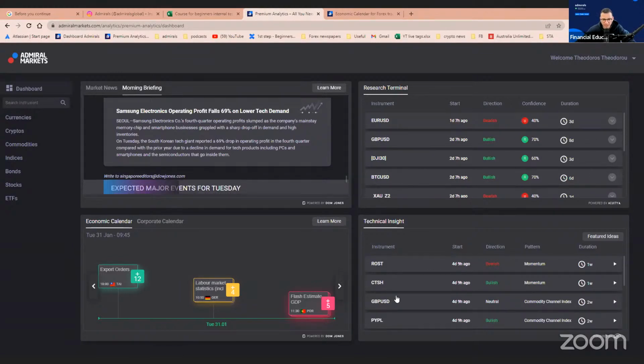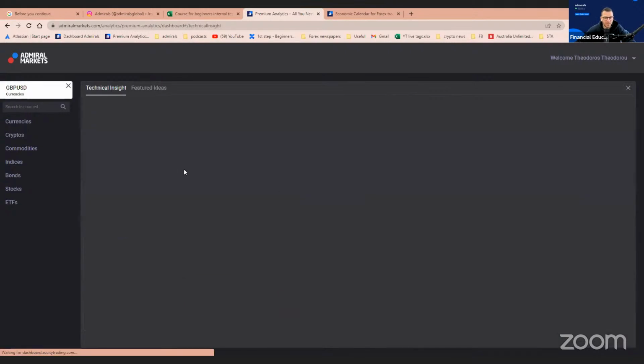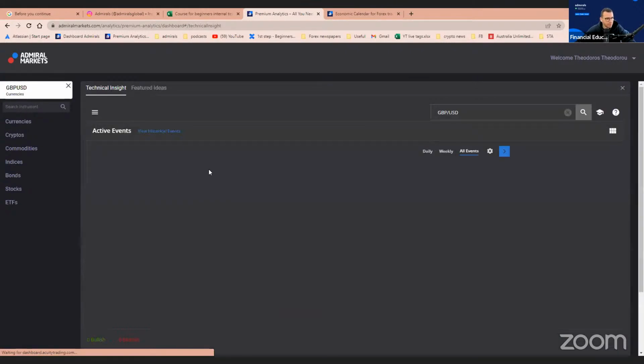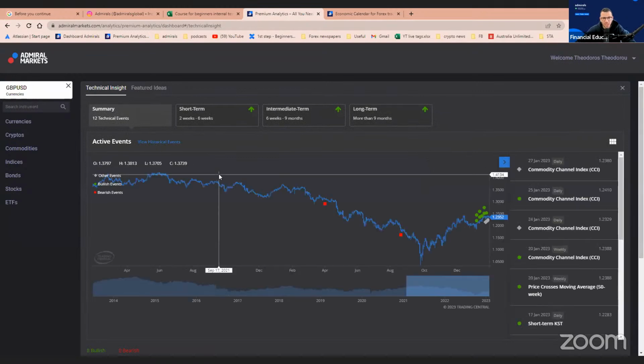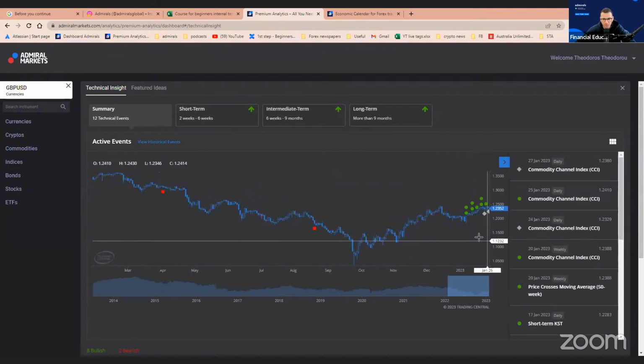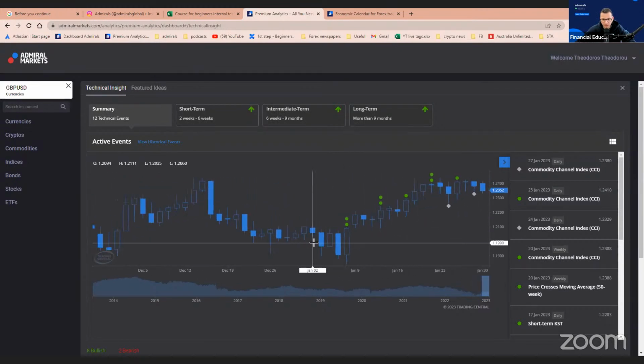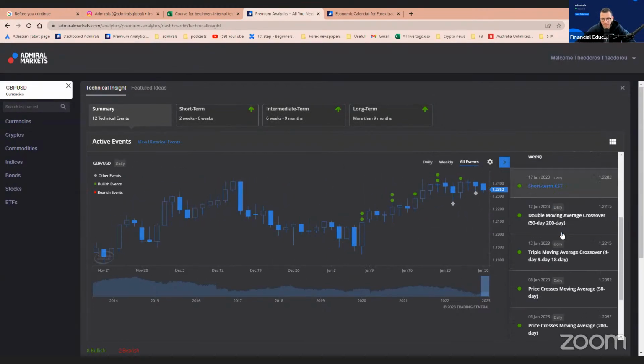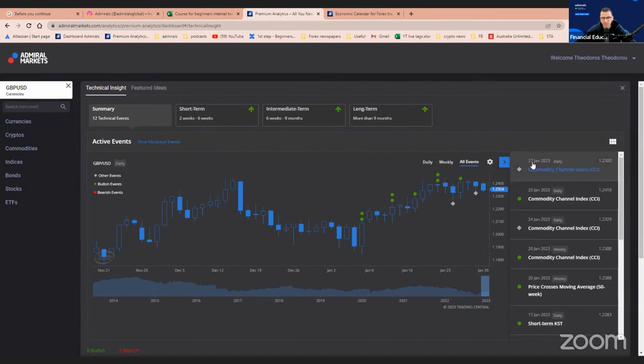Then on the technical insight, if you click on the currency pair or the instrument you're interested in, you're going to go to this portal, and based on all technical indicators, you have signals. It says that because of the commodity channel index, it's behaving this way.